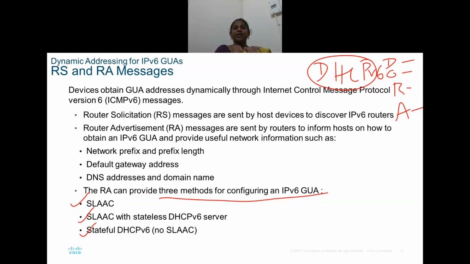Now, what information do you get from the DHCP server? Here in IP version 6, even your router can help in getting an IP address. Your router can also assign an IP address; it can behave like a DHCP server. The information given by dynamic addressing is the network prefix and the prefix length, a default gateway, and a DNS address and domain name.